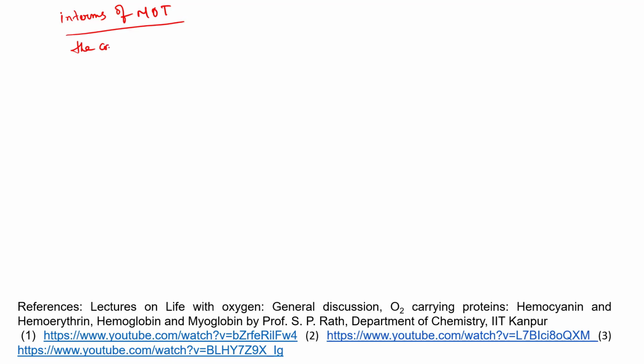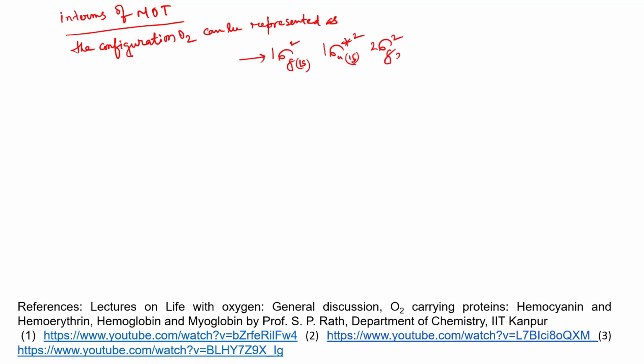The configuration of O2 can be represented as 1 sigma g 2, 1 sigma u star 2, 2 sigma g 2, 2 sigma star 2, 3 sigma g 2 (2px), 2 pi u 4 (2py, 2pz), and pi star 2g 2 (2py, 2pz).